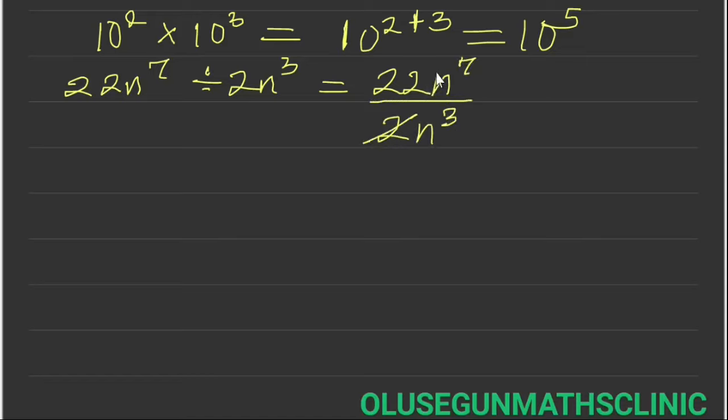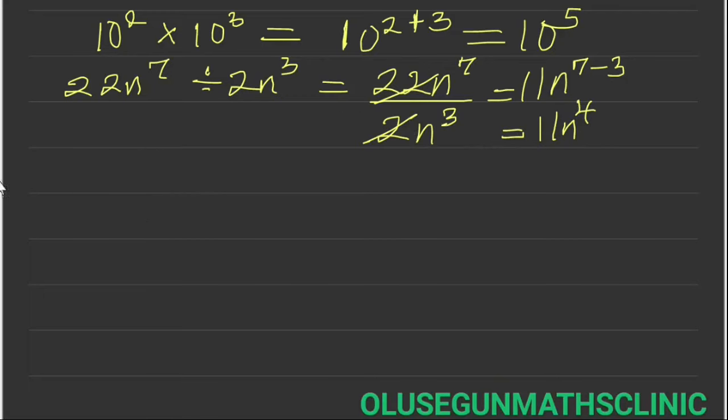So this will cancel this. It will give you 11. Now, the division is you select only one n because it will be n raised to power 7 minus 3, because it's n raised to power 7 divided by n raised to power 3, which is n raised to power 4.